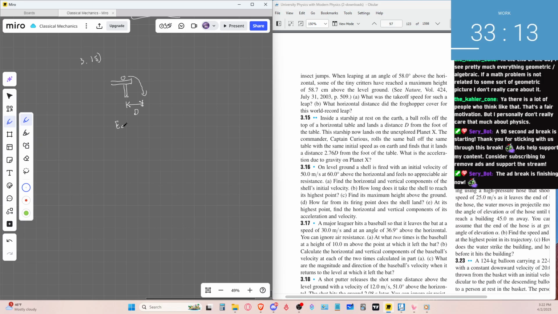So this is on Earth, and then planet X, we have the same ball, so this is the velocity on Earth, and the velocity on X. This one lands 2.76 d distance. Okay. So these two are just the positions.